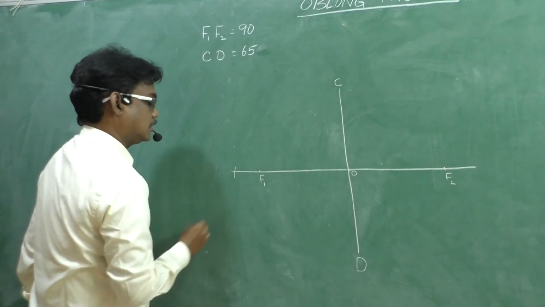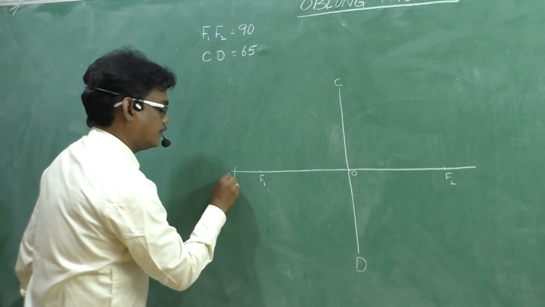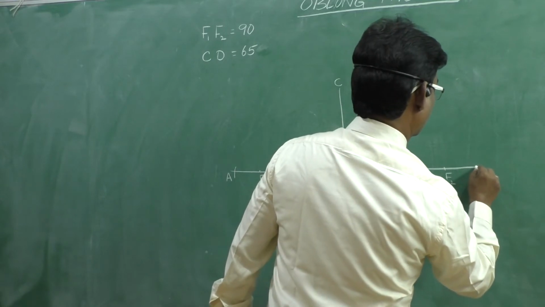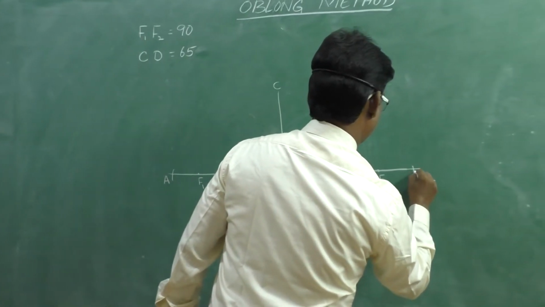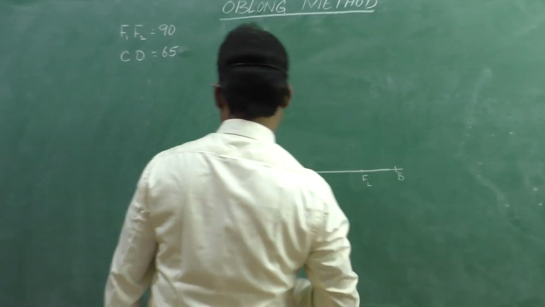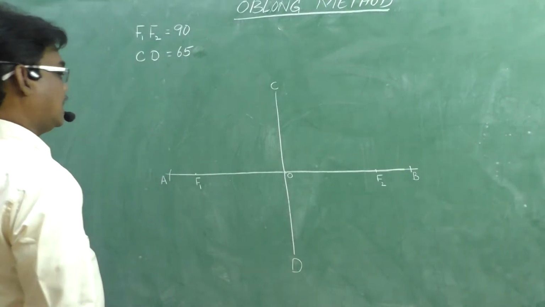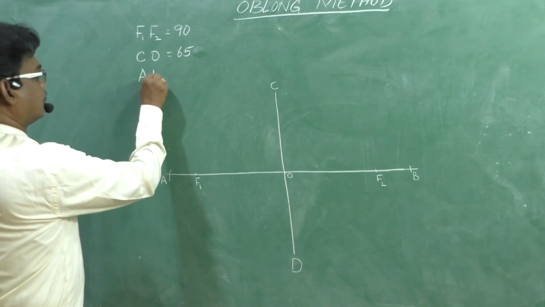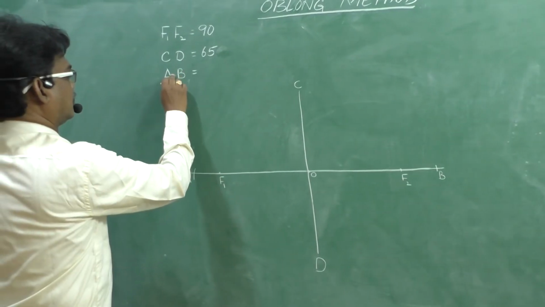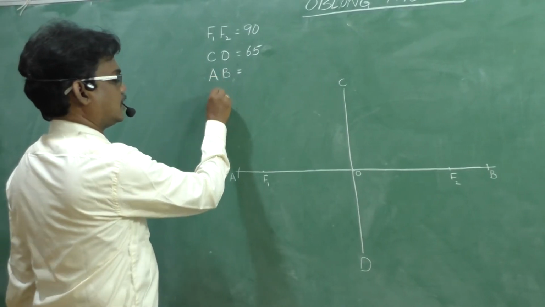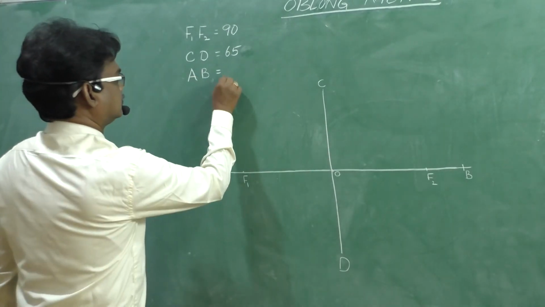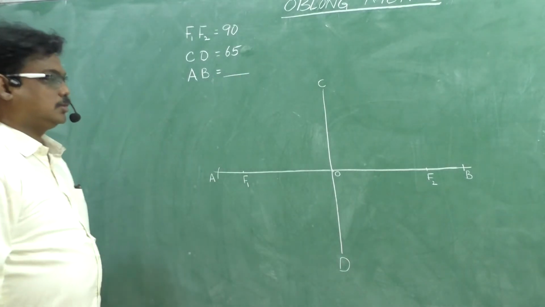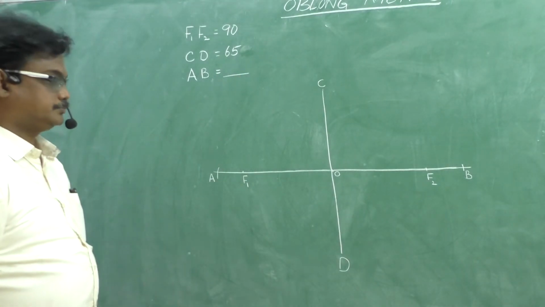Let it cut here at A, and here at B. AB is the major axis, and we need to measure the AB length, as it is asked in the problem. Whatever length you get for AB, we need to write it here.